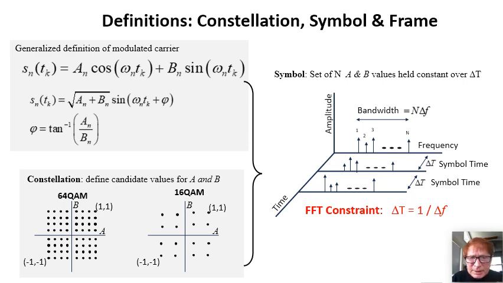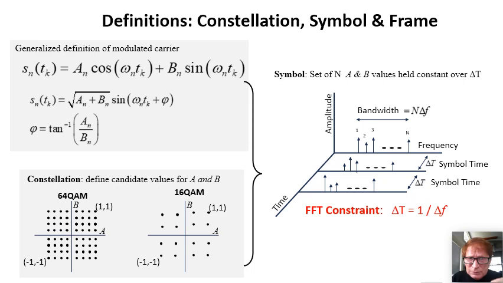The receiver sampling time for decoding the information is known as the symbol time. The receiver sampling rate and the number of samples is fixed due to the use of the FFT at the receiver, and we'll say more about this shortly.